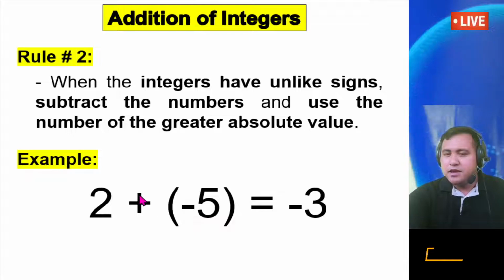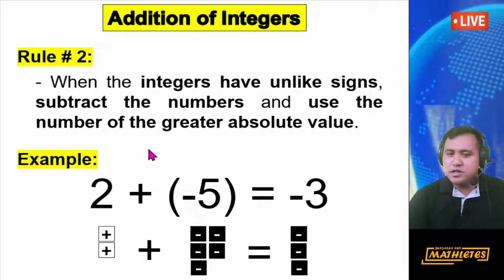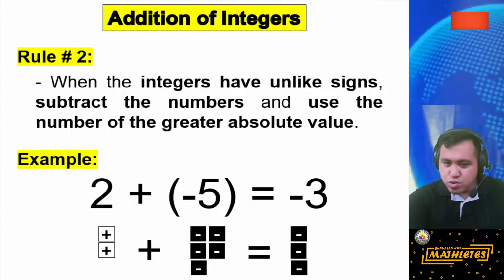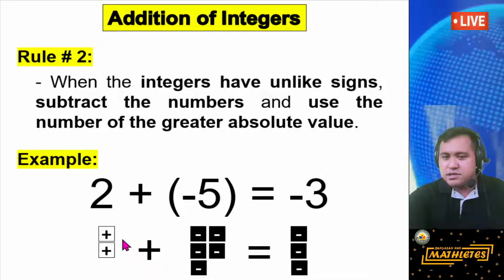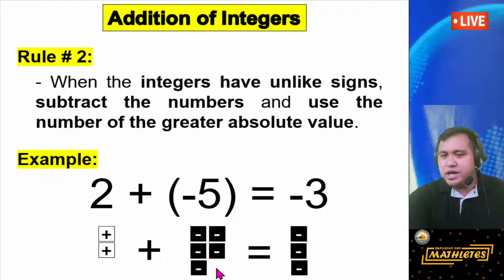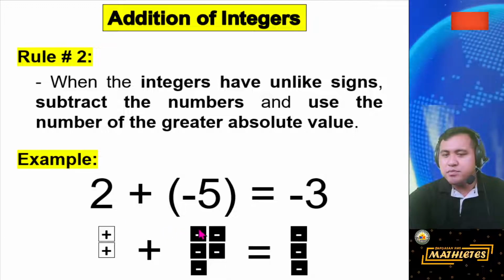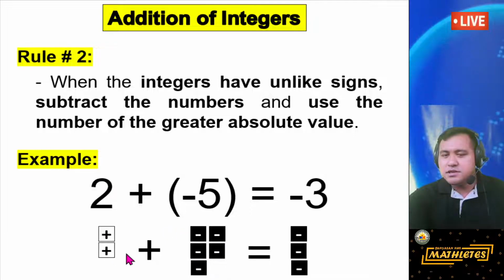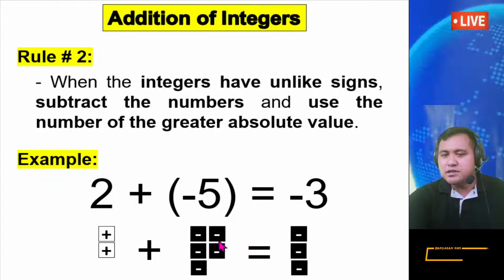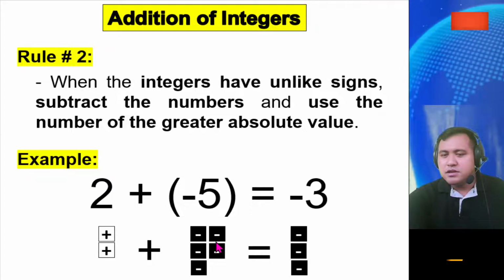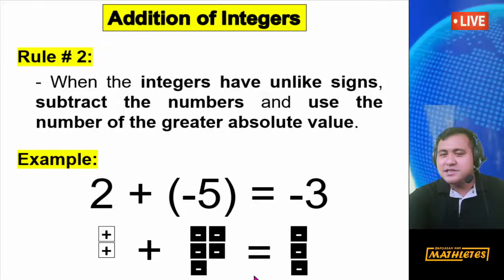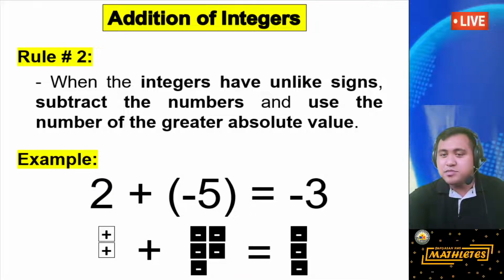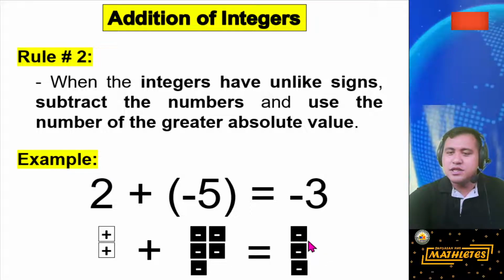Now if we are going to represent that one in tiles, we have 2 positive tiles plus 5 negative tiles. Ato nang ipares-pares. So ang mabilin nga walay pares is 3 negative tiles.